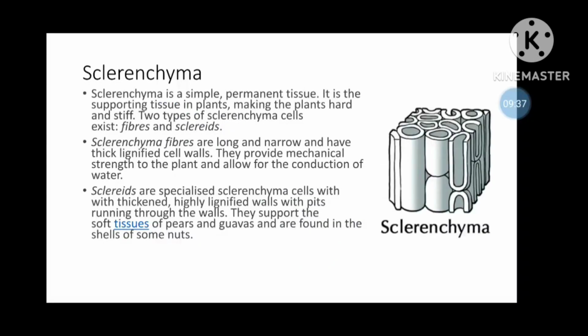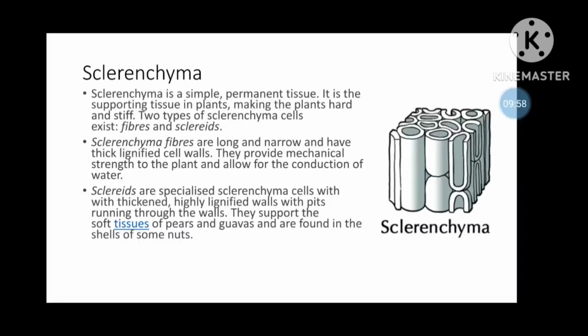Next is your sclerenchyma. Sclerenchyma is a simple permanent tissue. It is a supporting tissue in the plant, making the plant hard and tough. The two types of sclerenchyma cells are fibers and sclereids.